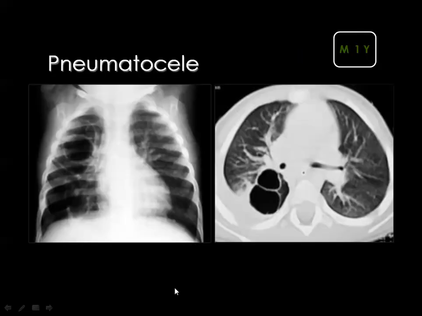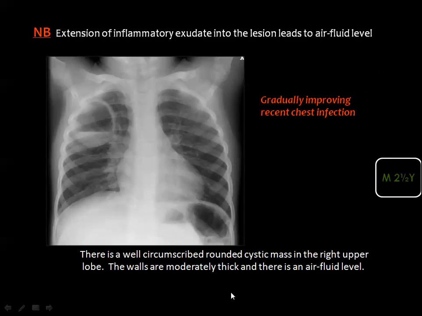And this is also a case of multiple pneumatoceles in the right lung with a thin margin and air content. Sometimes, whenever the infection has spread to the lesion, there may be an air fluid level. And you remember that an air fluid level in a cavitary lesion in the chest is highly suggestive of an abscess.